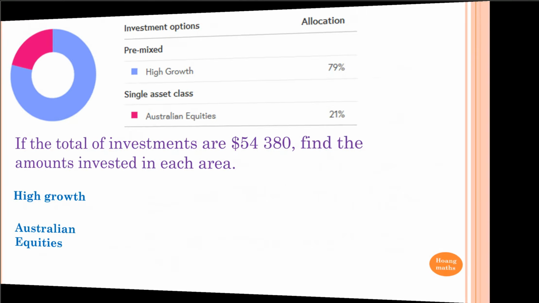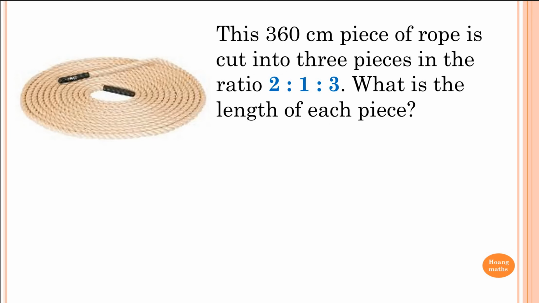Let's move on to the next question. This 360 centimeter piece of rope is cut into 3 pieces in the ratio 2 to 1 to 3. What is the length of each piece? So you know that the smallest part is 1, followed by 2, and the largest one is 3.